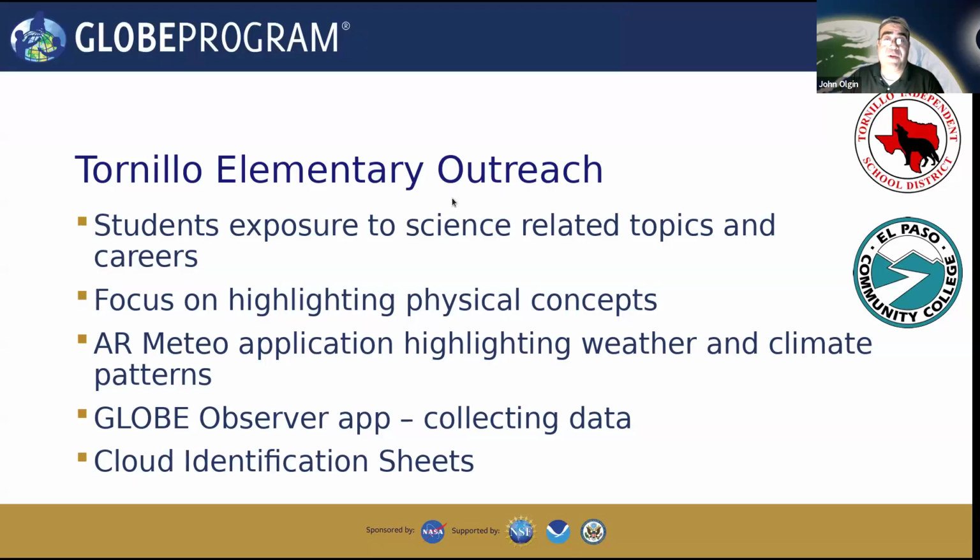We wanted to get them more in tune with the environment they're in, especially since it's mostly an agricultural region, so that they can use their expertise as they grow on, because a lot of the farming community is very interactive with the younger generation, so they can utilize some of the Globe products.